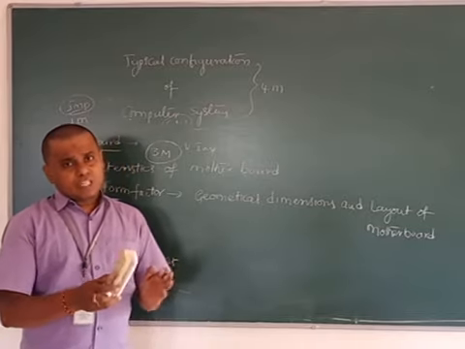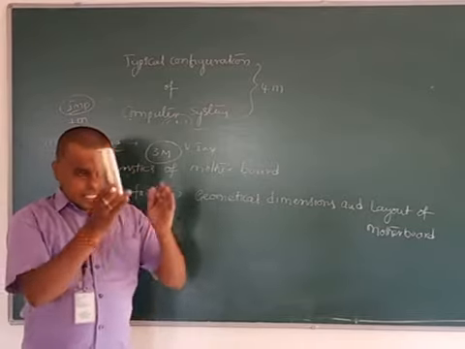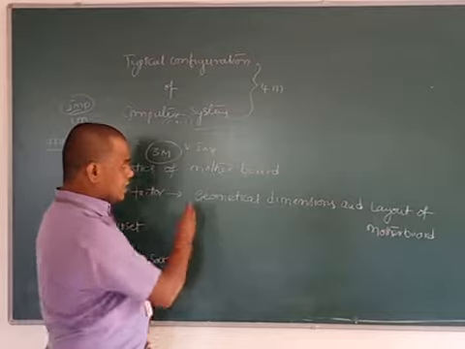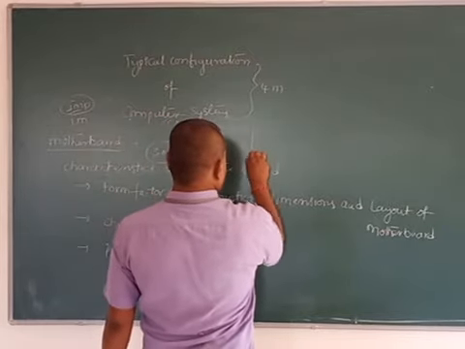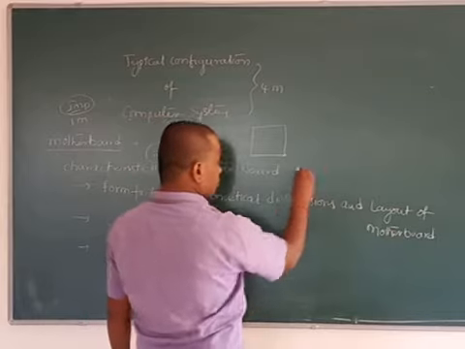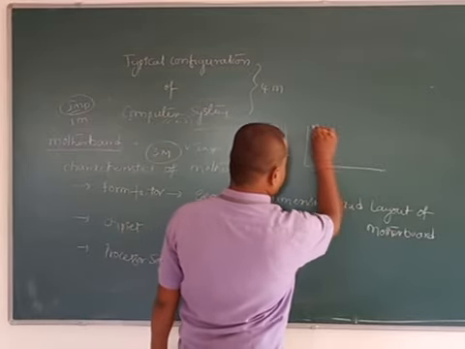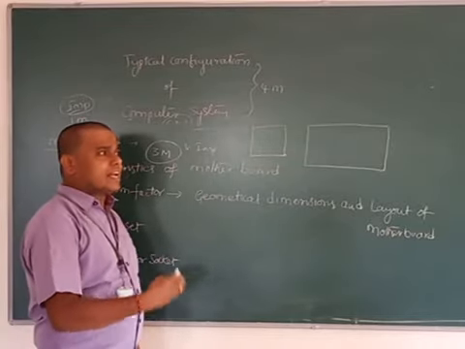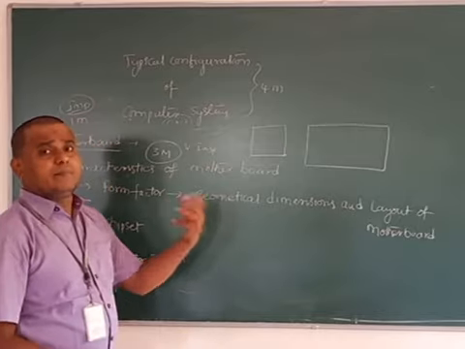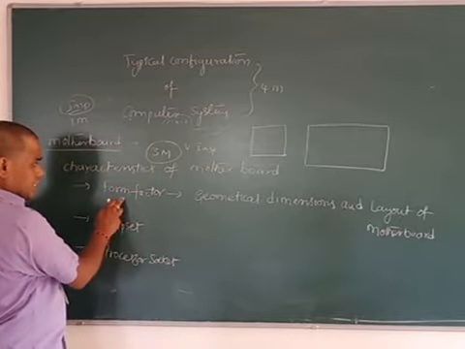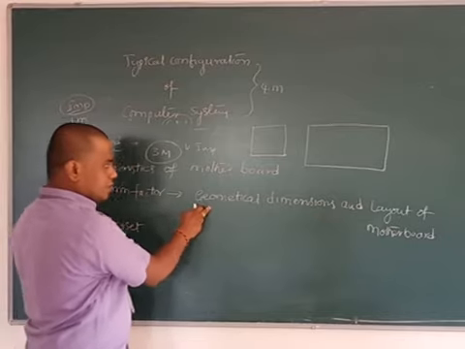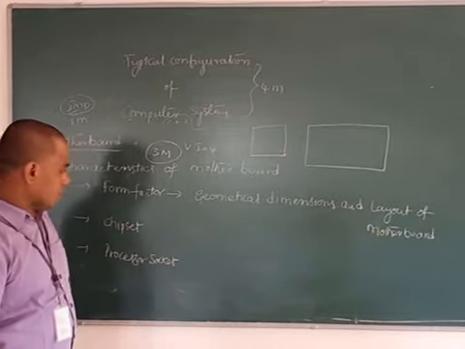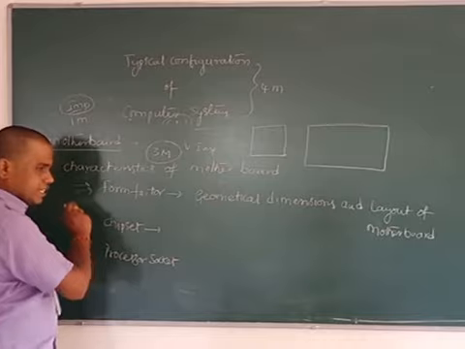The size of the motherboard varies from one company to another, which is why some motherboards are available in square shape and some in rectangular shape. The reason is the requirements assumed by the manufacturer. So the form factor describes the geometrical dimensions and layout of the motherboard.